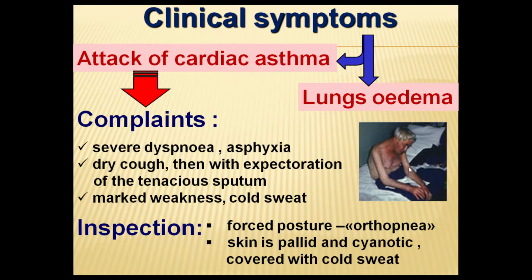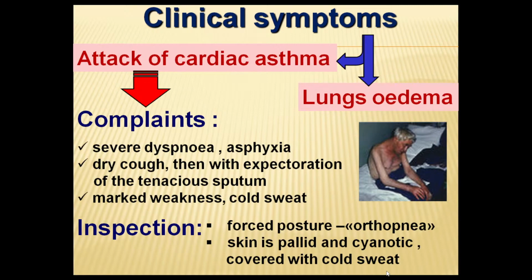As a result, the ejected blood volume decreases and the blood delayed in the vessels of the lesser circulation also decreases. The skin of the patient will be pale but with a bluish color: pale due to non-adequate blood flow, cyanotic bluish because of hypoxia, and covered with cold sweat.